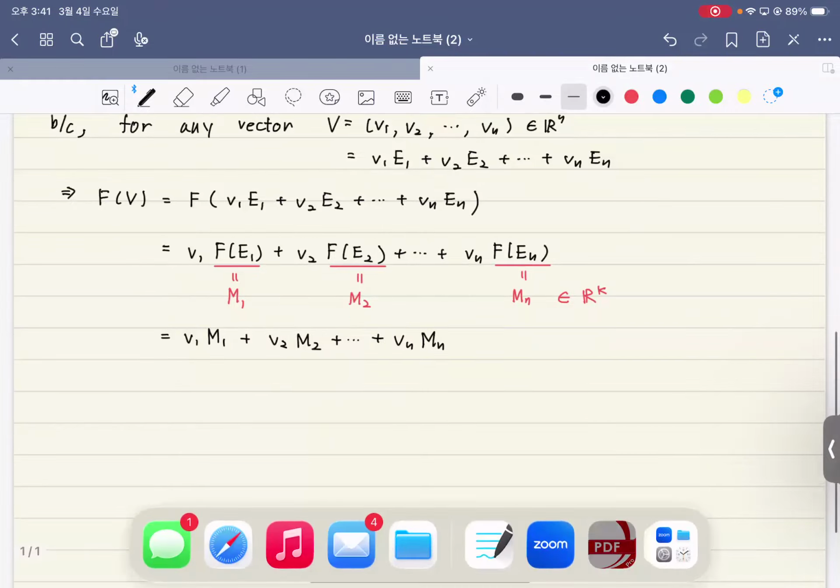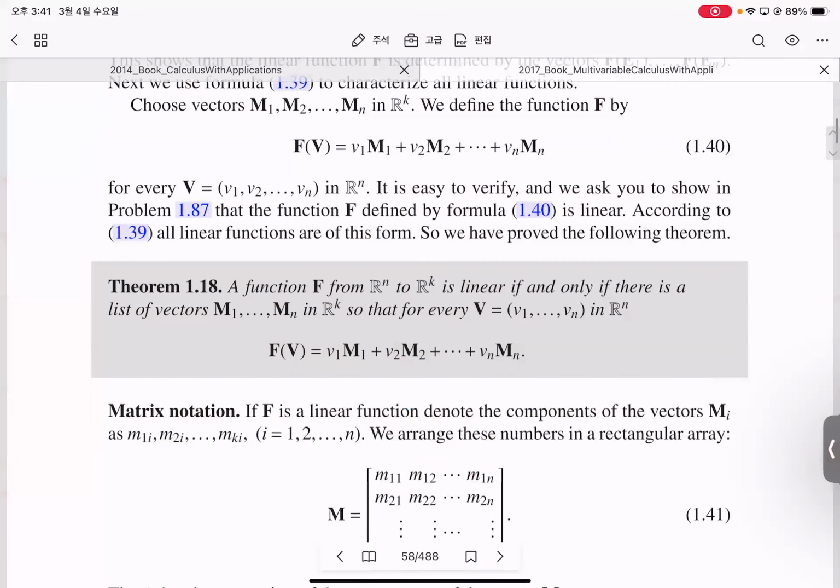This can be summarized as Theorem 1.18, and it looks like this.